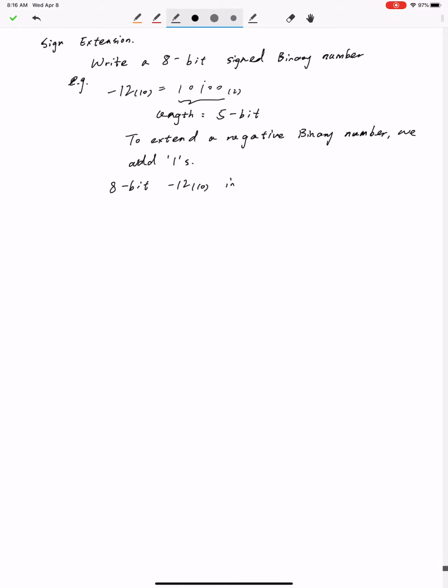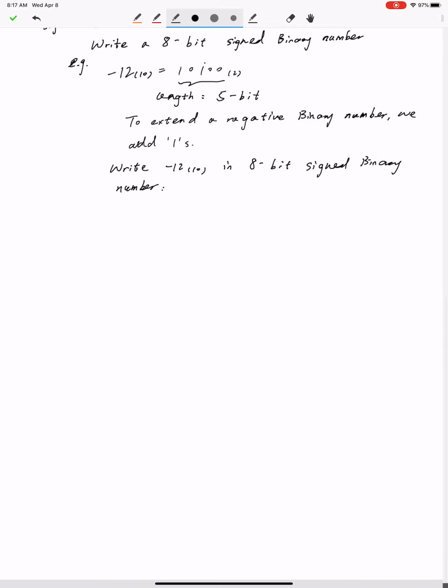let me put it this way. If you want to write minus 12 in 8-bit signed binary number, the result would be we first write the original representation, and that is 10100.